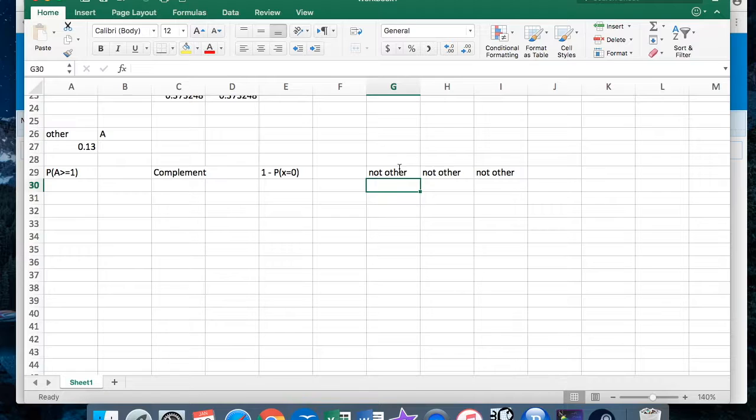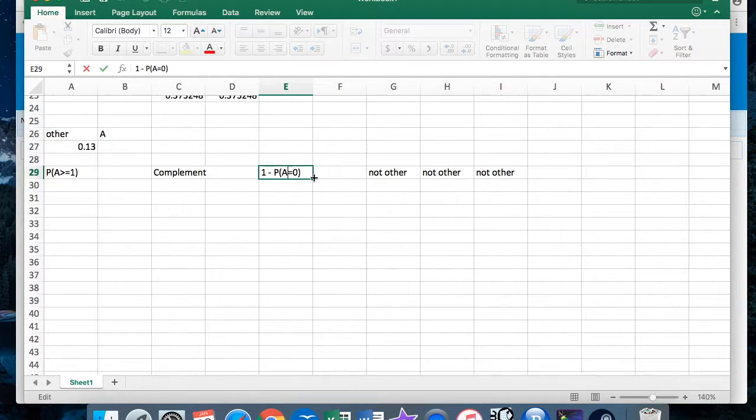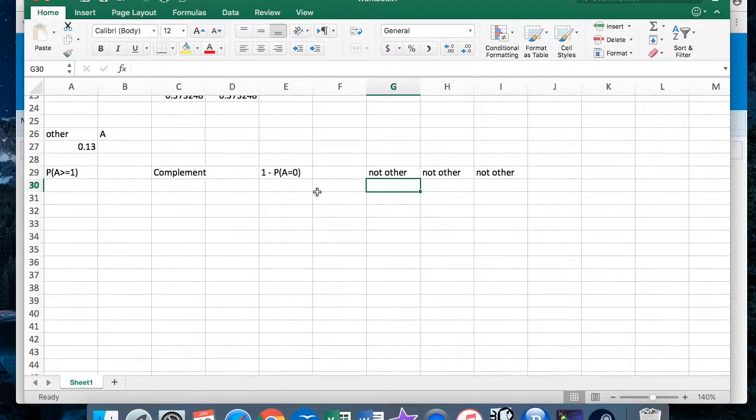Because if we get at least one other, then this probability of a being 0 wouldn't be satisfied. So here, take 1 minus our other.